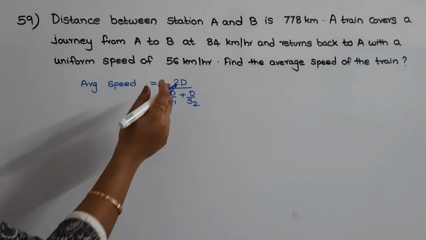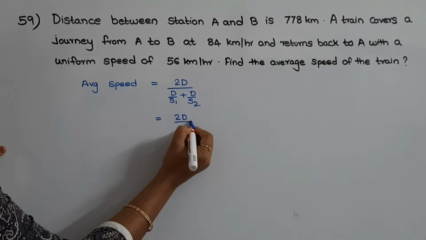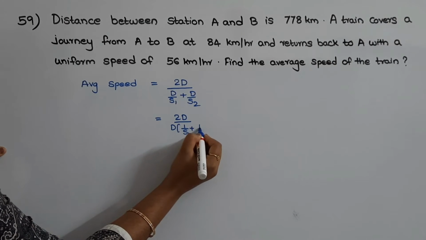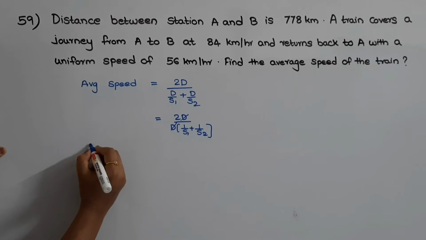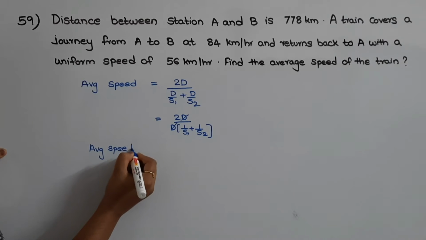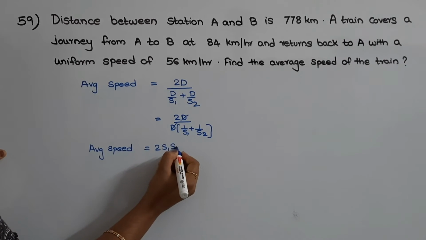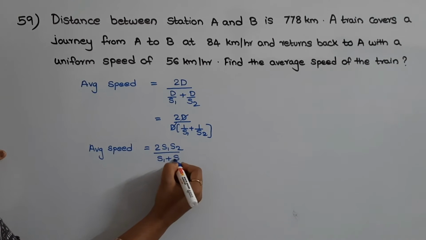So we can write this as 2d divided by d into 1 by s1 plus 1 by s2. Now on solving this we will get the average speed as 2 into s1 s2 divided by s1 plus s2.